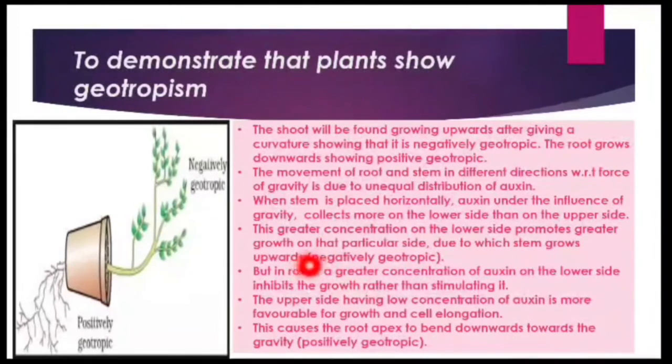But in roots, a greater concentration of auxin on the lower side inhibits the growth rather than stimulating it. The upper side, having low concentration of auxin, is more favorable for growth and cell elongation. This causes the root apex to bend downwards towards gravity. Hence, it is positively geotropic.